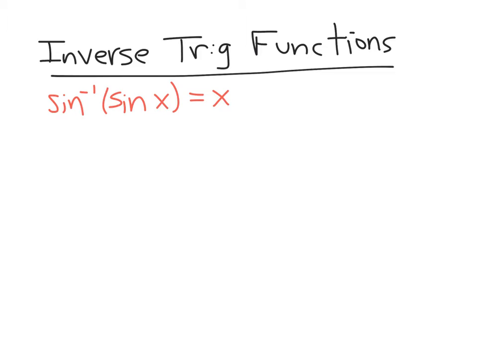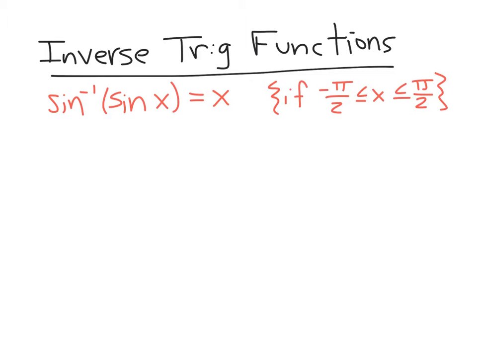So you get back the identity of what you started with. You get back x. Now in this one, the domain would have to be things that are going into the sine function, and we would need this to be a one-to-one function. So this only happens if x is in between negative pi over 2 and positive pi over 2. Okay, so we're just there in the middle of the graph when we're talking about that idea.